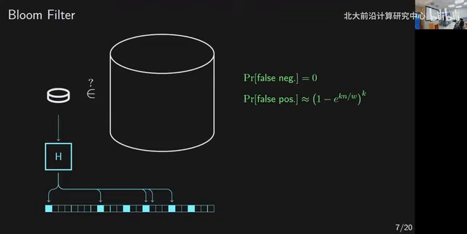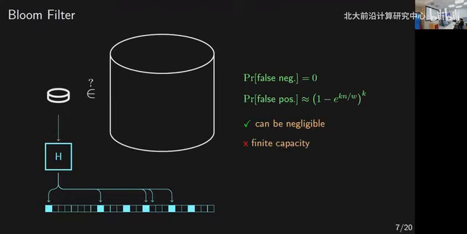So you can imagine you can stretch the array, then you have a larger capacity for accumulating items. Oh, and by the way, speaking of capacity, as you insert items, at some point you're going to saturate your bit array, and you're going to get false positives nearly every time. So there are parameters k and w that are optimal for a given n.